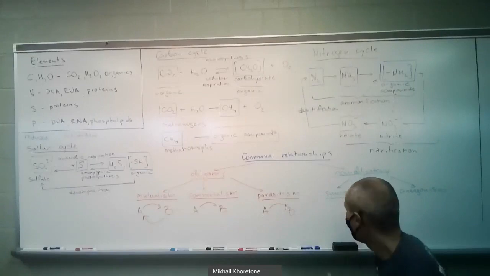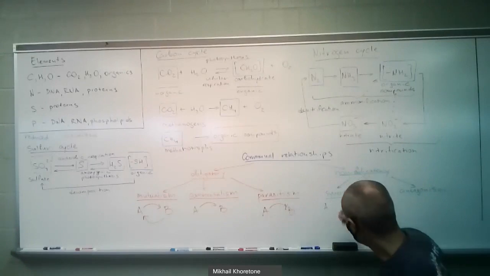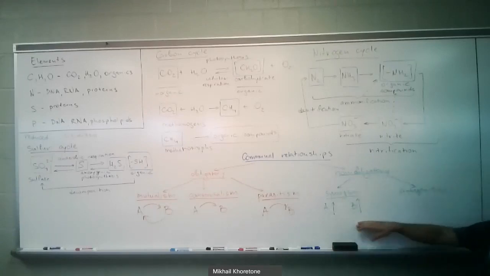Okay, so A and B, they both can grow independently. They don't need each other. But when they are together, the survival of each significantly increases. Does that make sense?